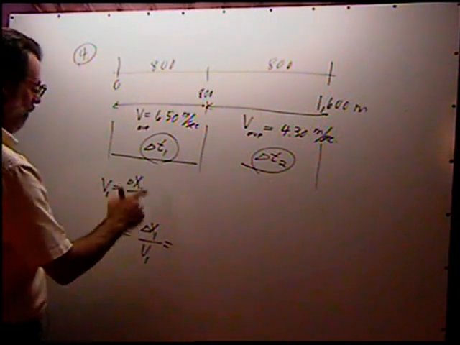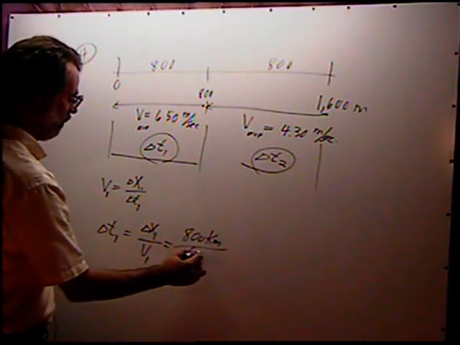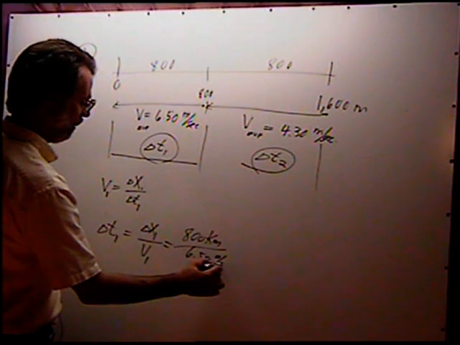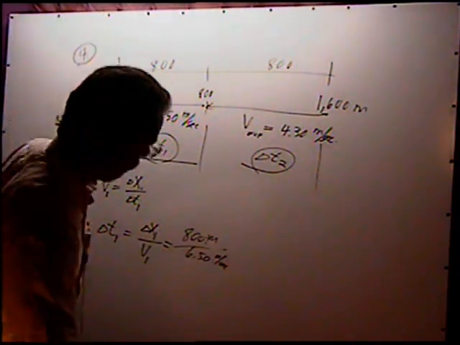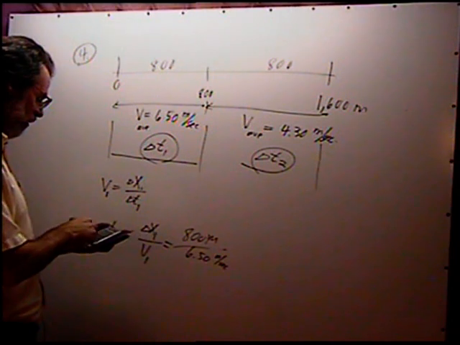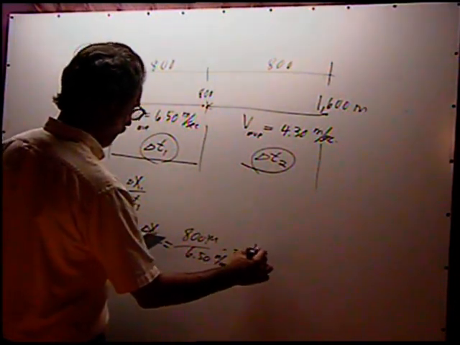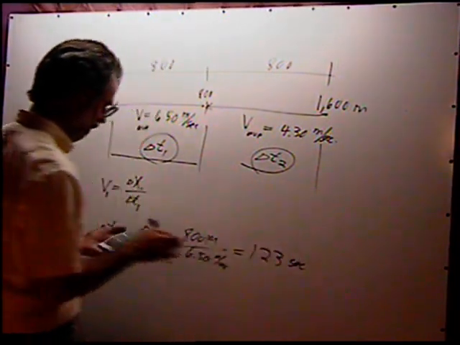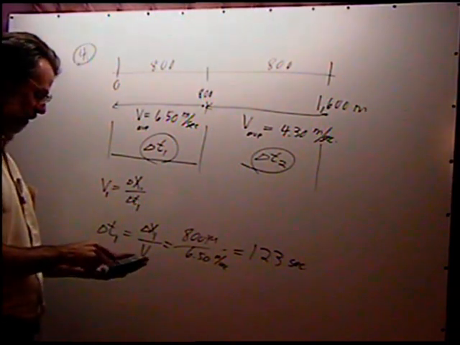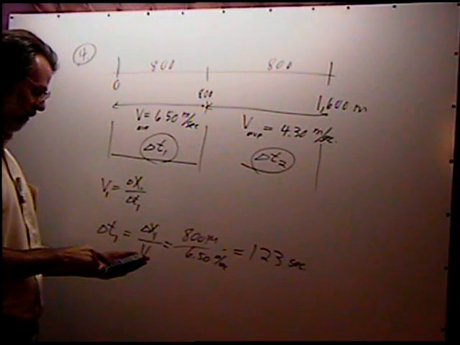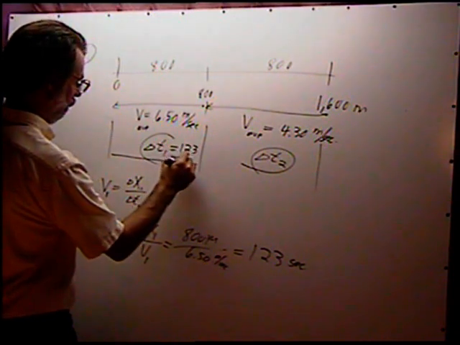So displacement number 1 is 800 meters, excuse me, not kilometers, divided by 6.50 meters per second. 800 divided by 6.5, and we get 123 seconds, rounded to 3 significant figures. So T1 is 123 seconds.